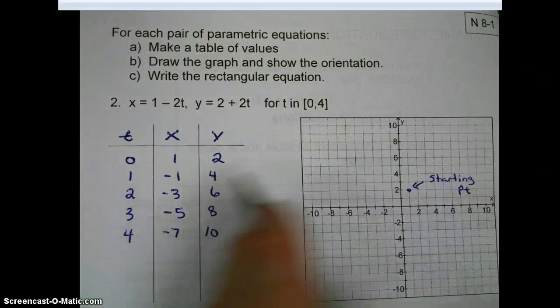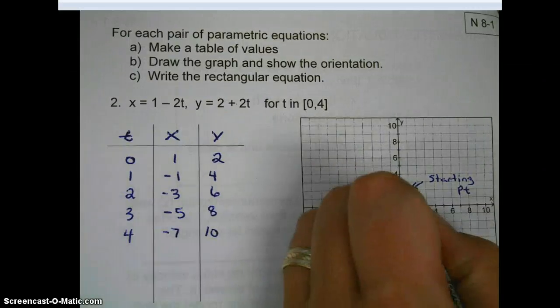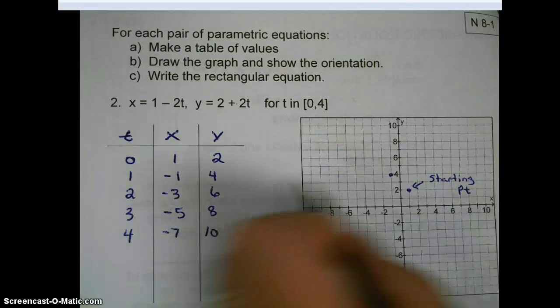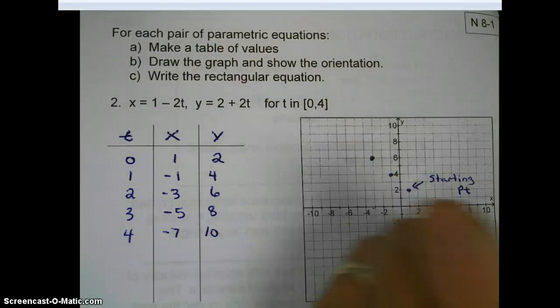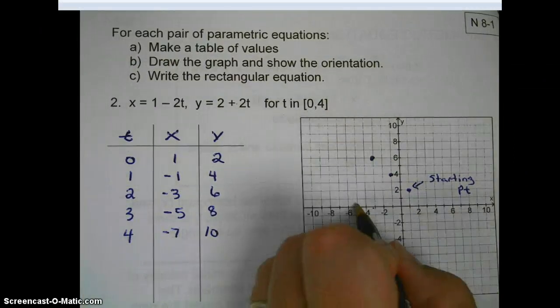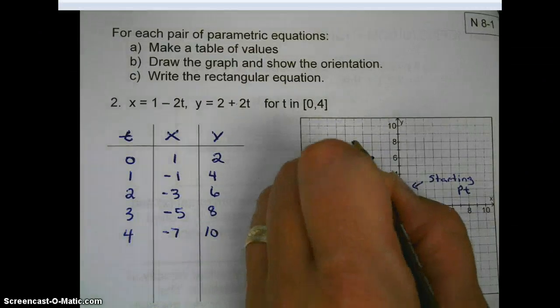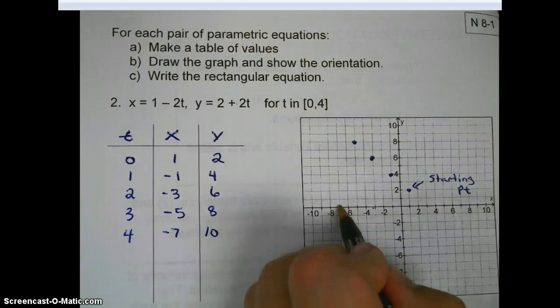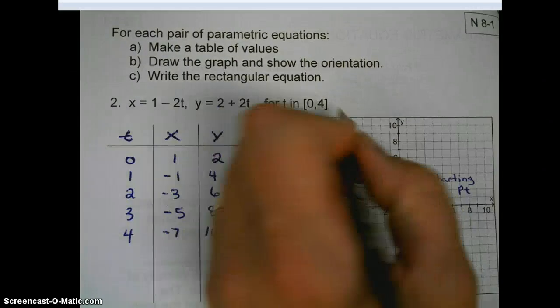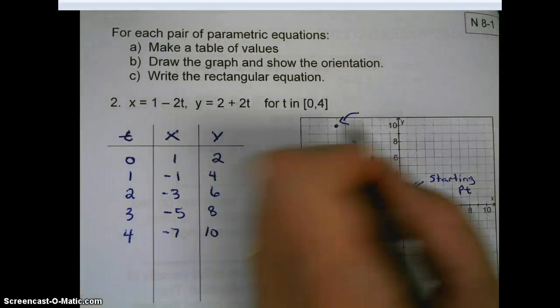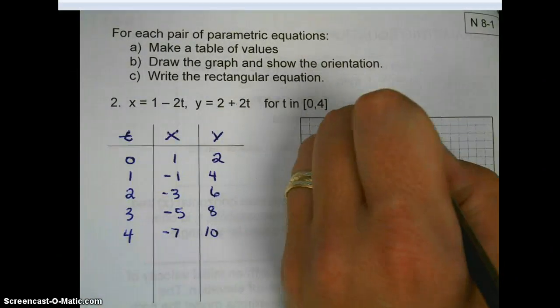Negative 1, 4. Negative 3, 6. Negative 5, 8, and negative 7, 10. And that point would be our ending point.